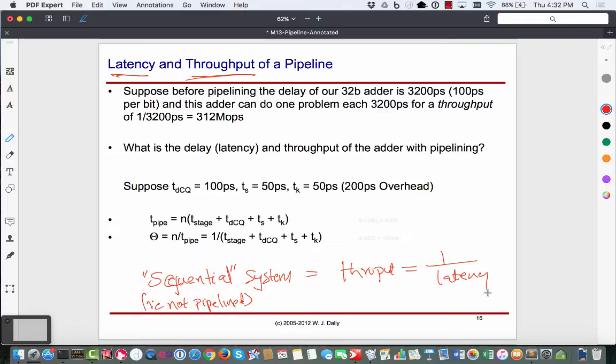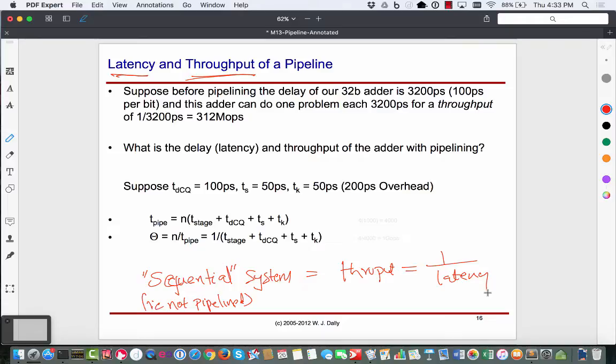But because of pipelining, if I have an n-way pipeline, then in the course of that latency, I will actually be able to accept n inputs. So my throughput increases by a corresponding factor. If I have a 4-stage pipeline, then my throughput goes up by a factor of 4. My latency, as measured by clock ticks, goes up, but my latency as measured in nanoseconds, or whatever absolute time, does not go up, or at least does not go up proportionately.